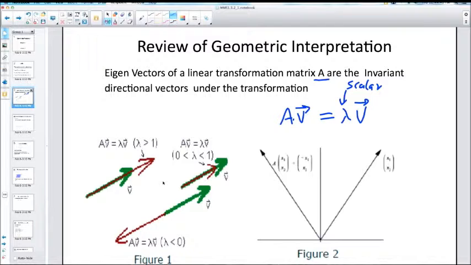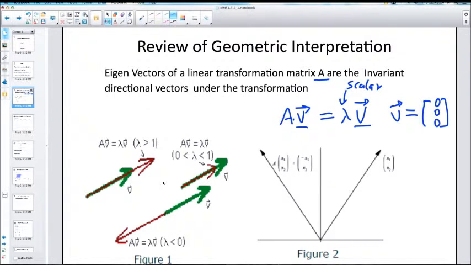This means the image will stay either the same line or the opposite direction of the original vector V. Such a vector, we call it an eigenvector. Of course, we don't count when the V equals all zeros, because that's trivial, not interesting. 0 times anything equals 0. So both sides equal 0.